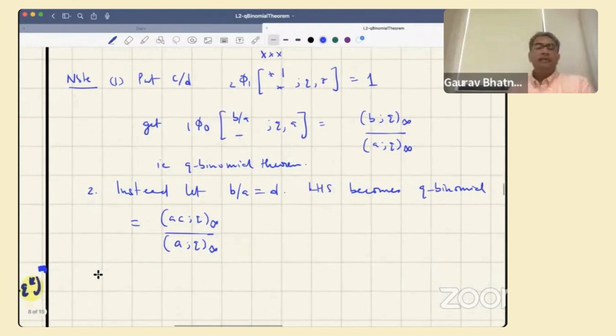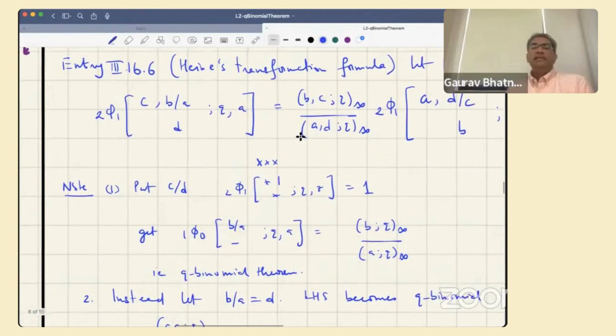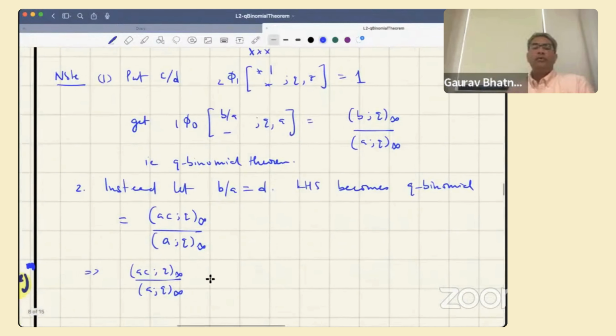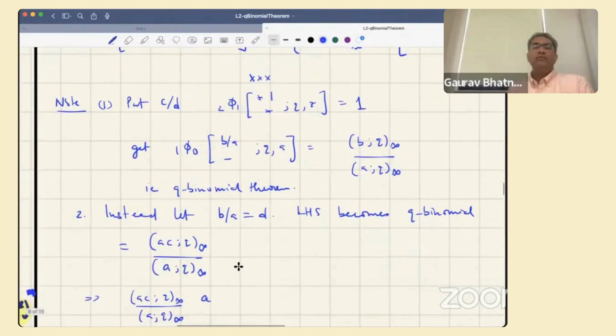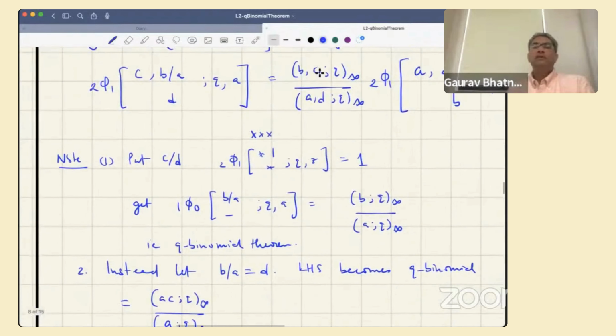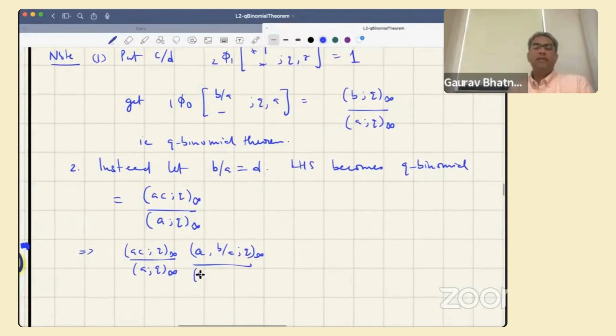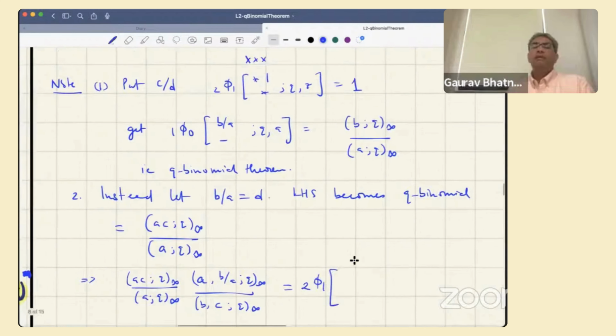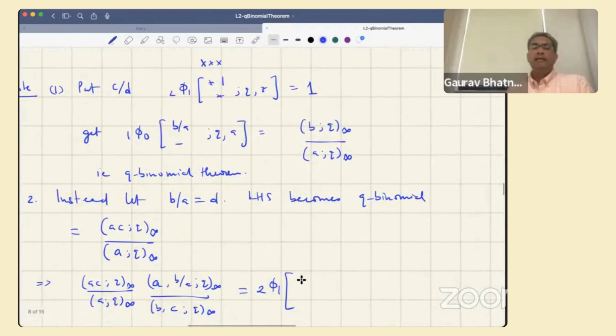Right, and the right-hand side, so you get a c q infinity over a q infinity is equal to this guy. So into a q infinity, and d is b by a q infinity. So I'm just bringing this on this side, and then divided by b and c q infinity is equal to 2 phi 1. This is a.